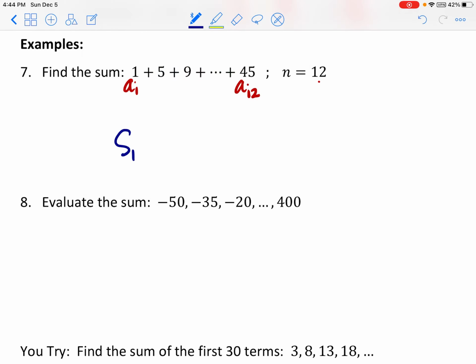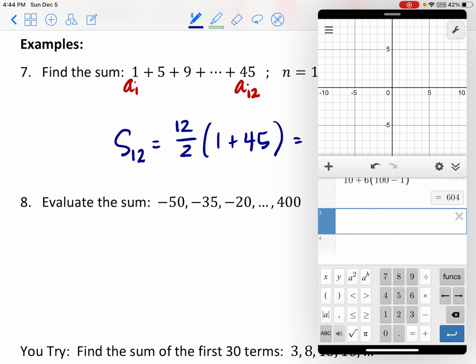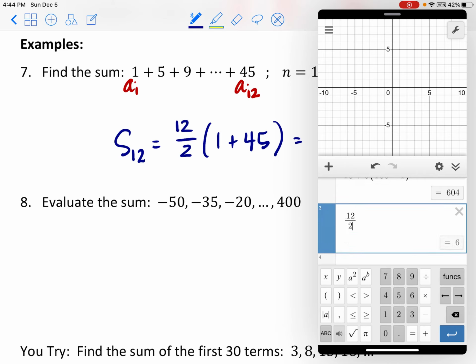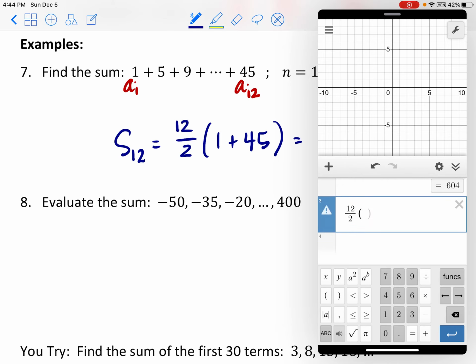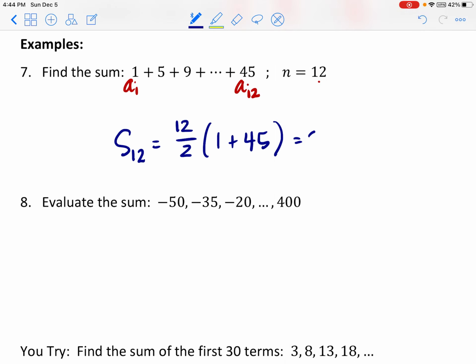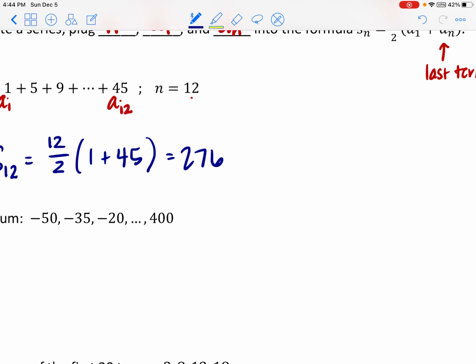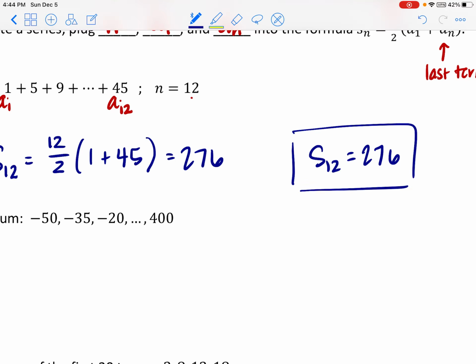The sum for these 12 terms would be 12 divided by 2, multiplied by the first term, which was 1, and the last term, which is 45. And again, just so I don't goof anything up, I'm going to put this in the calculator. So 12 divided by 2 multiplied by the sum of 1 and 45, and that's 276. So again, this would be the sum for 12 terms equal to 276, which is not so bad.